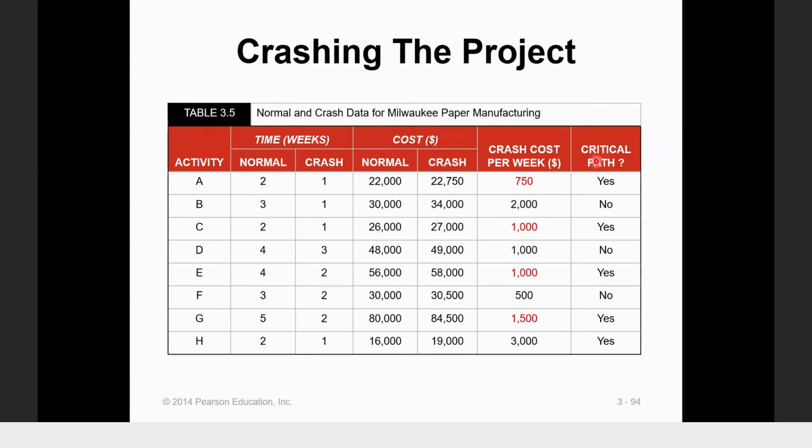If you crash non-critical activity, there will be no effect to the completion time. Project completion time depends on critical activities. So what are critical activities in this example? A is critical, C is critical, we also have E and G and H. So all these are critical. We have to choose among these critical activities to be crashed.